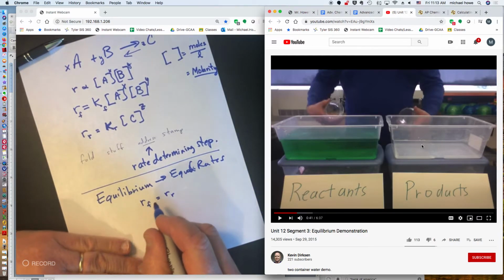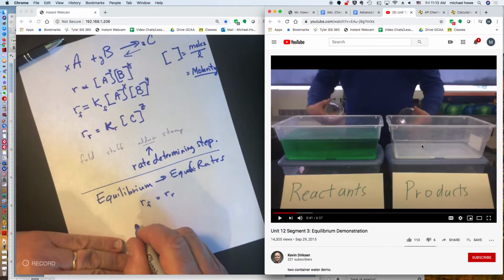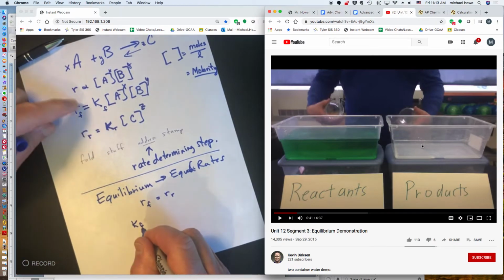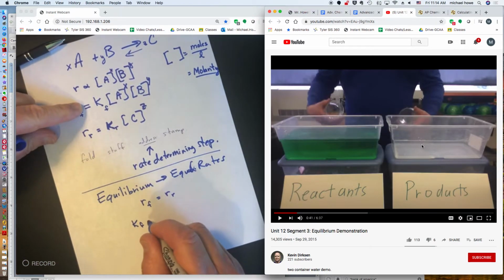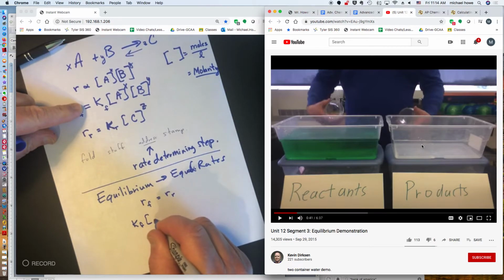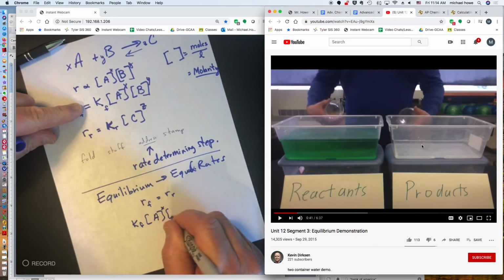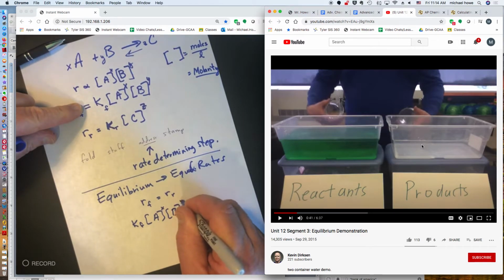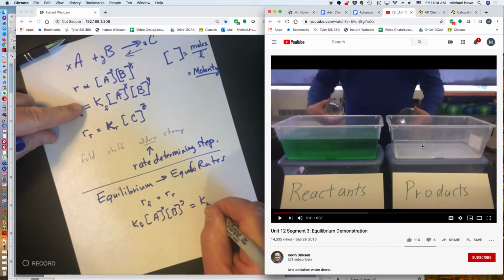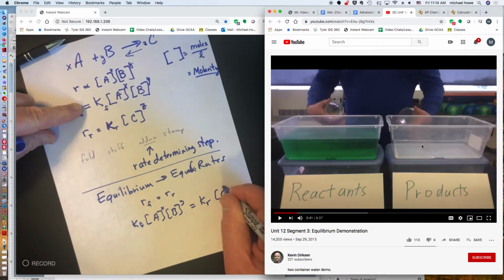All right, so the rate of the forward reaction would equal K forward, putting the equation in from up here, multiplied by A to its coefficient and B to its coefficient, and that would equal K reverse multiplied by C to its coefficient.